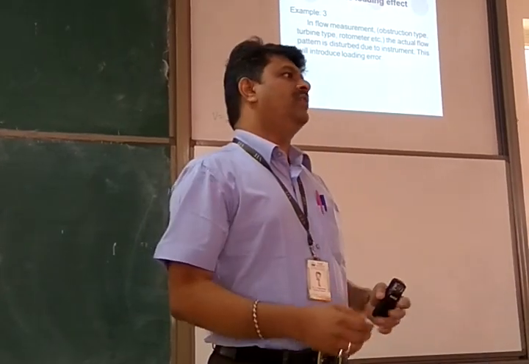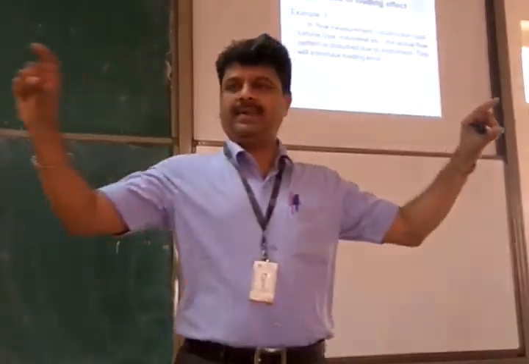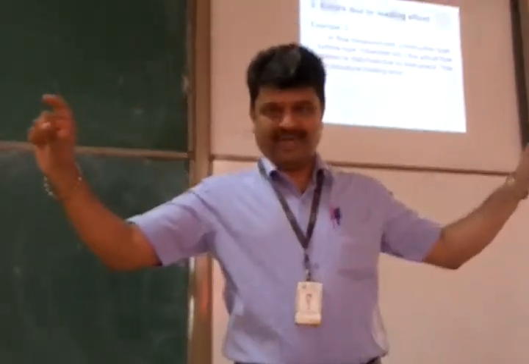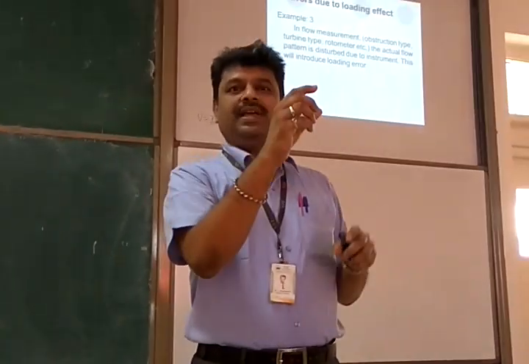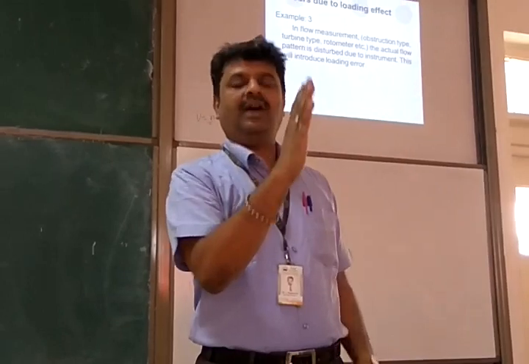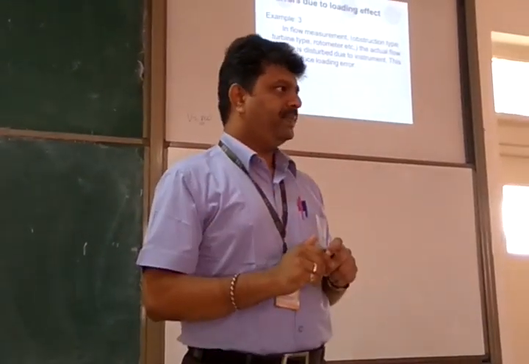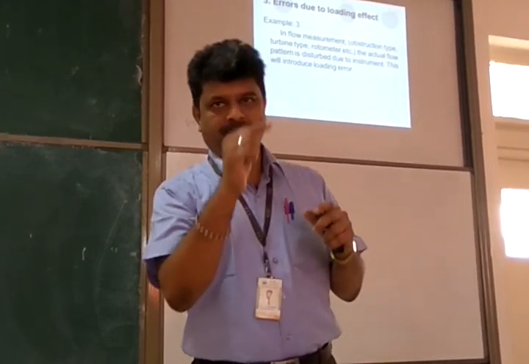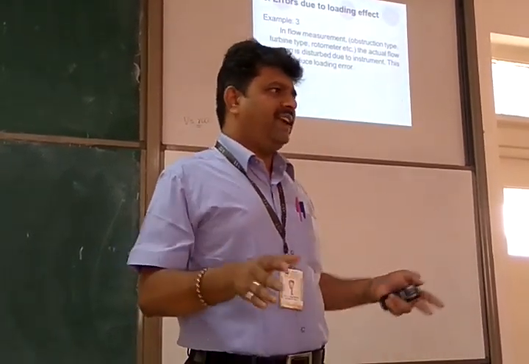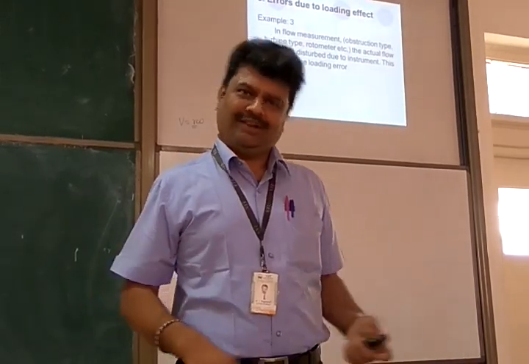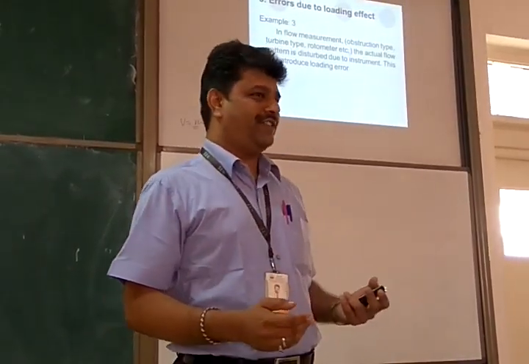For all of them, what we do is we have a particular diameter of pipe, and then we put an orifice. Orifice means the obstruction plate with a smaller hole than the diameter of the pipe. It may be circular in shape, it may be semicircular in shape. A lot of designs are there in orifice meters.